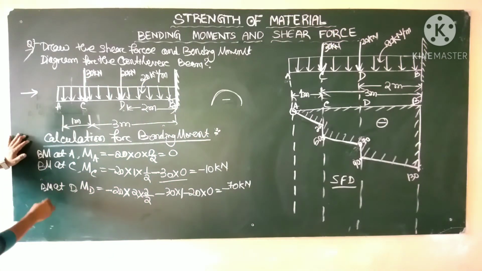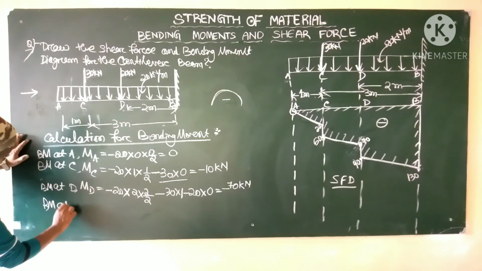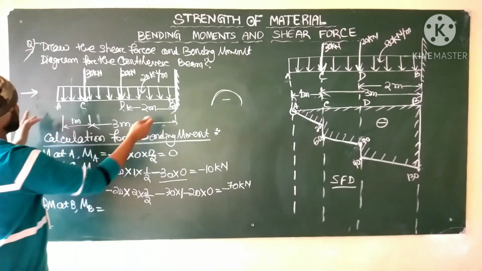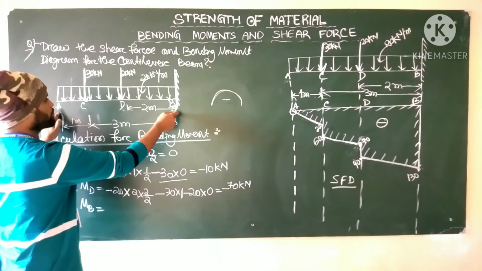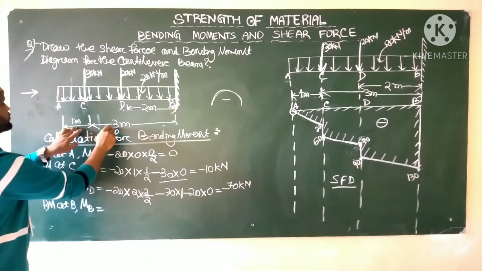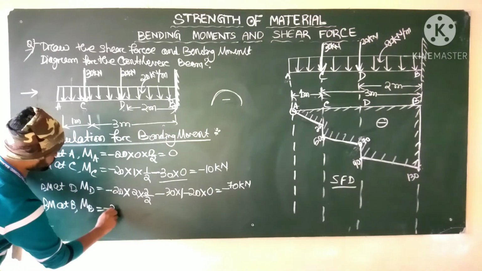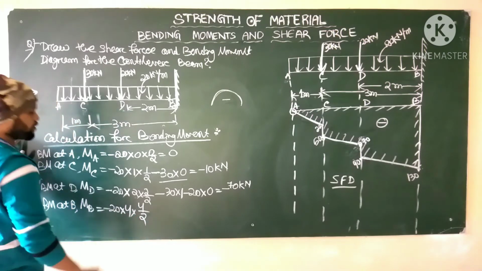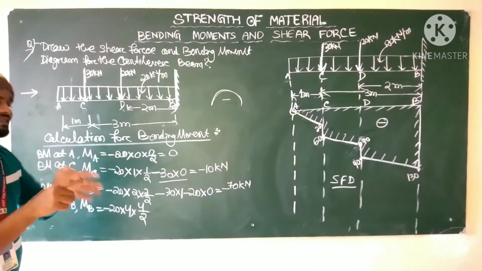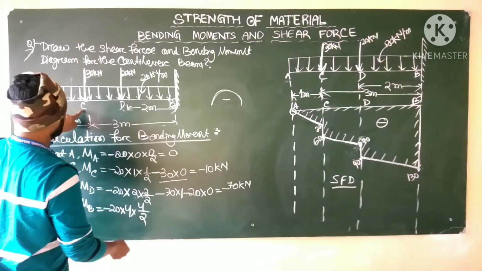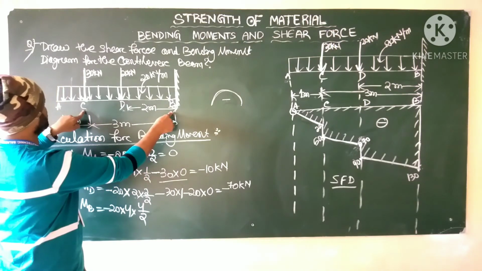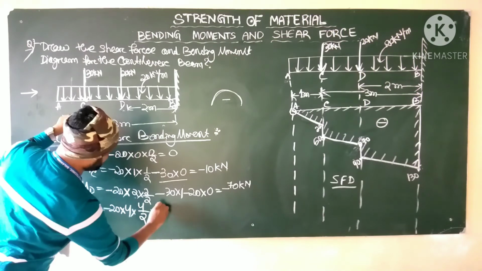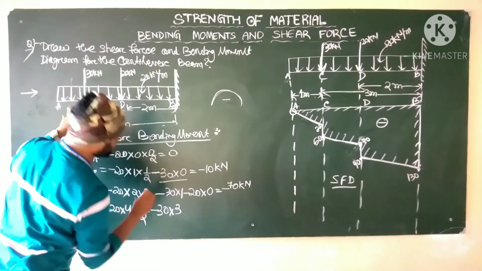Now at point B, so bending moment at B, that is MB, equal to: from the UDL from A to B, the total distance is 3 plus 1, 4, that is minus 20 into 4 into 4 by 2, always distance into distance by 2. Next we are at B, the point load is 30 kN at C, the distance is 3 meter, so minus 30 into 3.